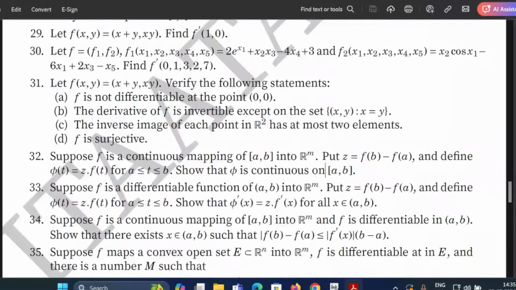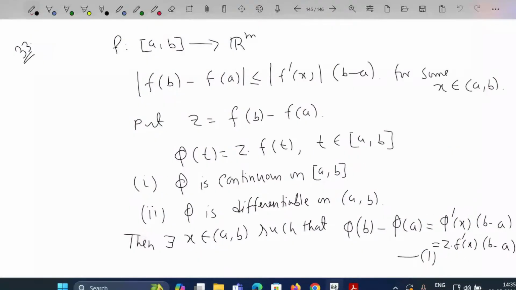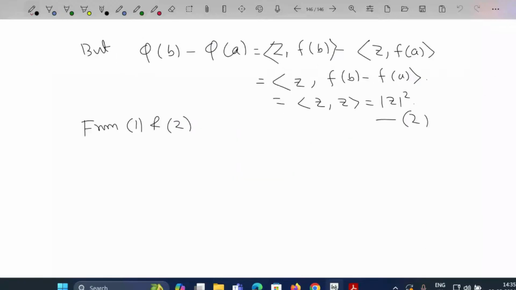In 1 we got phi of b minus phi of a as j dot f dash x into b minus a. This is the same as phi of b minus phi of a. And here we got phi of b minus phi of a is mod of j square. So we have mod of j whole square equals j dot f dash x into b minus a.